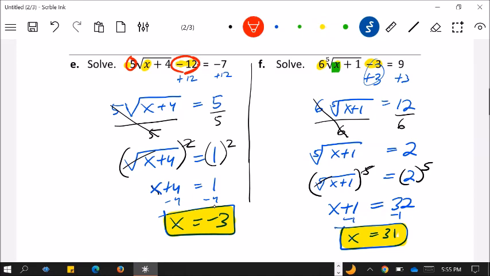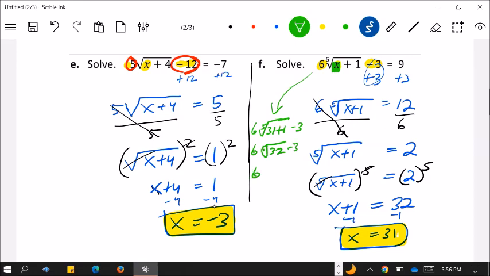Maybe I'll show that here by doing, not sixth root, fifth. 6, fifth root of 31 plus 1 minus 3. 6, fifth root of 32 minus 3.